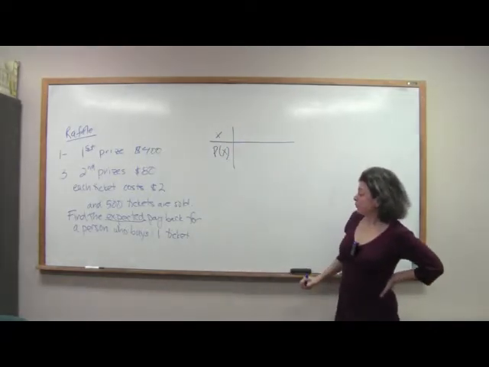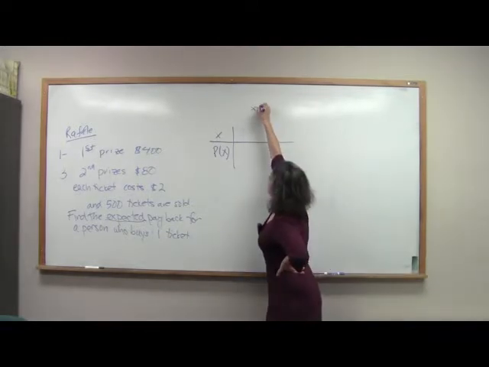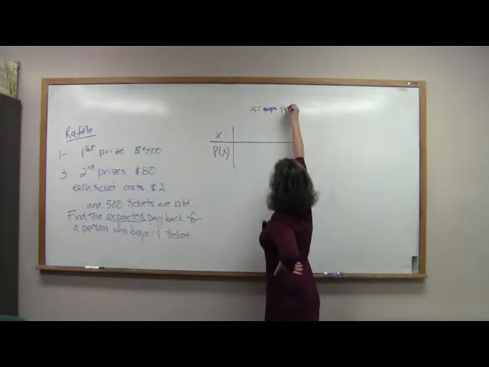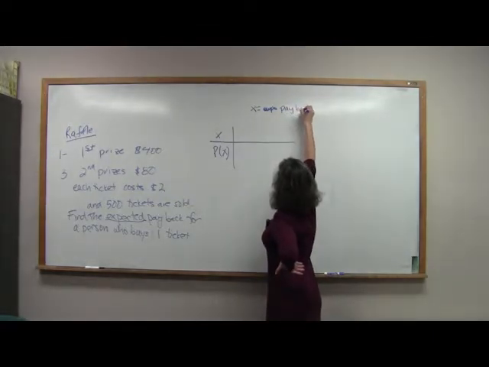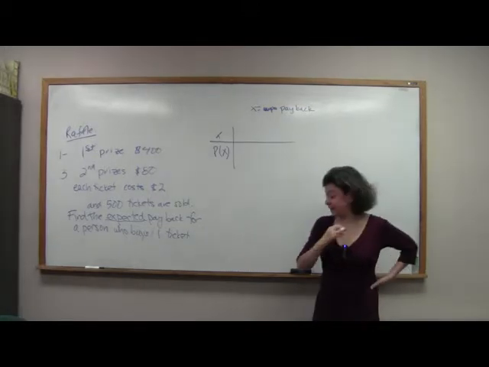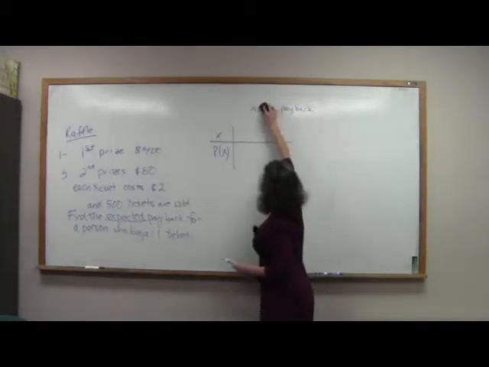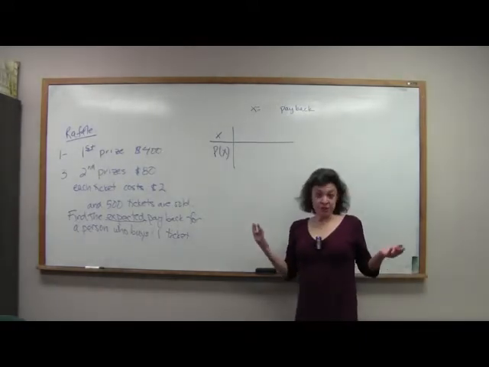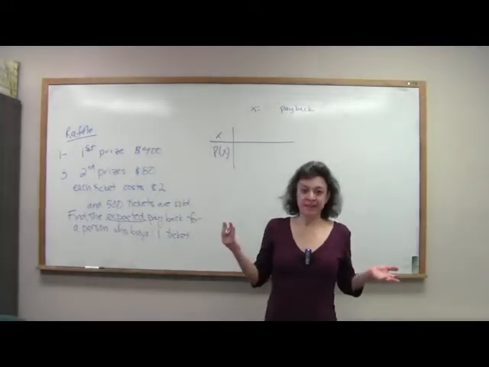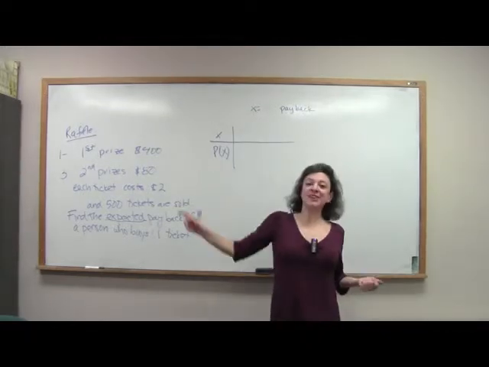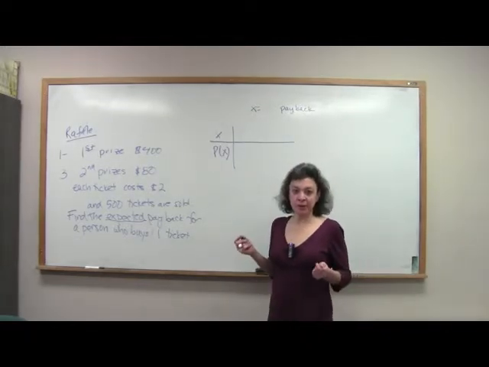So, what we're going to let X represent is the payback for each person buying a ticket. Okay? Now, what I like to do is start out in the best case scenario. I claim the best case scenario is that we get the first prize and we win $400.